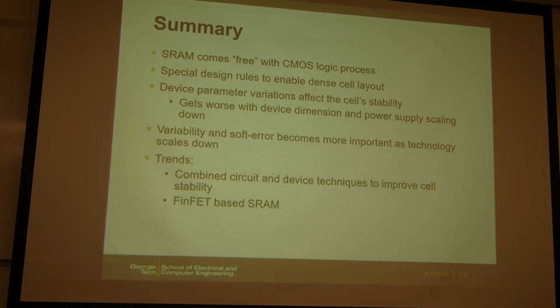That's why we have to combine circuit and device techniques to improve the cell stability. From the device side, of course, the FinFET technology. And from the circuit side, you have read the homework papers, right? You have different techniques. And FinFET-based SRAM is nowadays a mainstream technology. So I think that's all for the SRAM lecture. Any other questions?